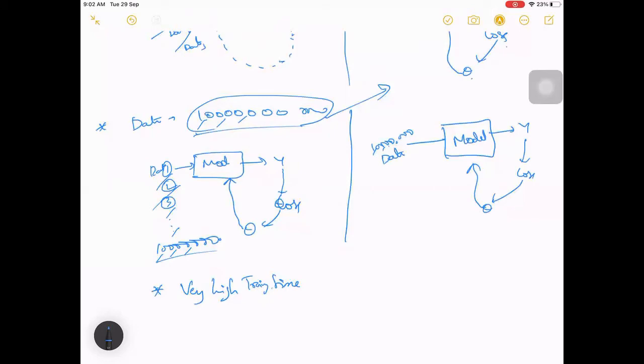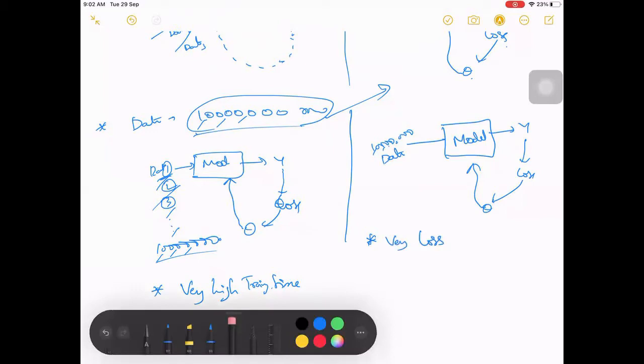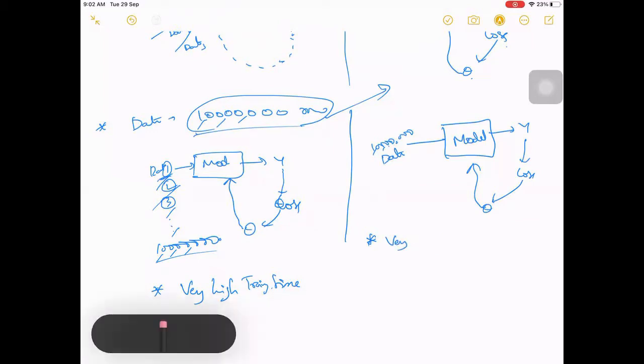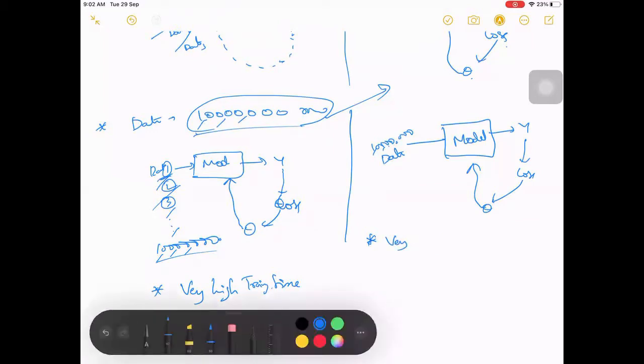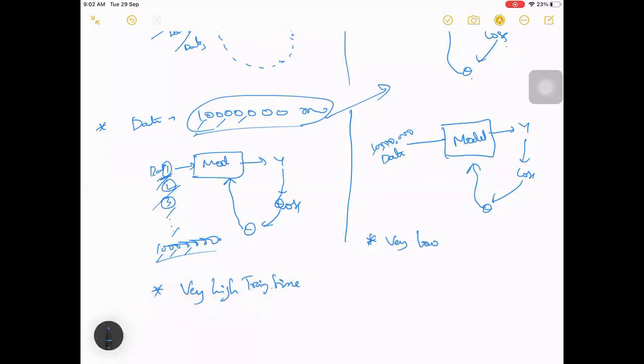So it will take almost the same time as it takes for a single data point, maybe like for 2 or 3 data points, but it will be done very fast. So in such scenarios, very low train time. So this is not recommended.